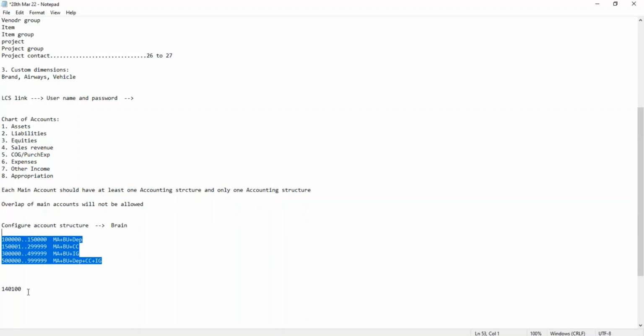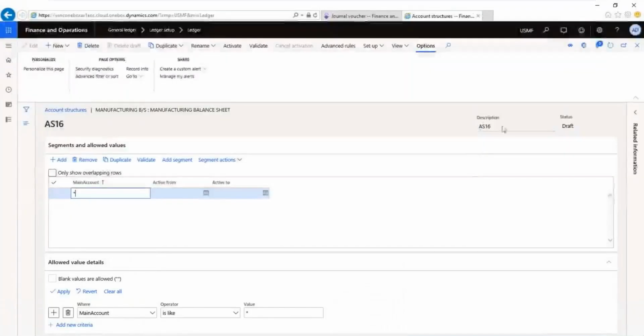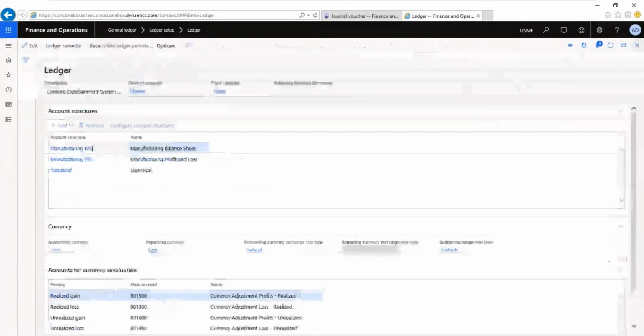Any more questions here? Yes, I have one question. We have multiple legal entities. If we want to make an accounting structure including one intercompany in this... It is not intercompany. For each and every company, whichever structure it follows, you need to follow that structure.